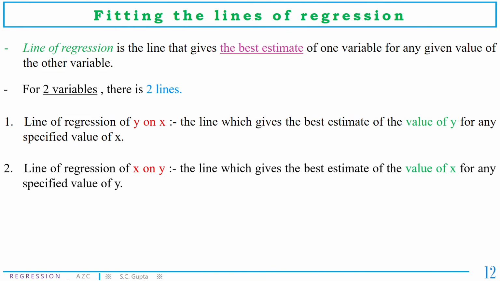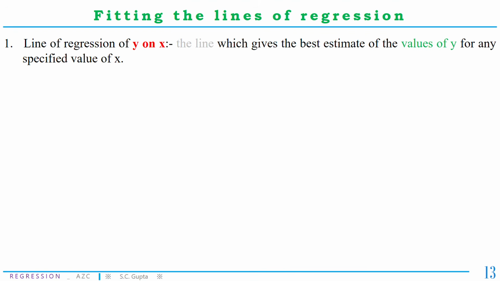For two variables, that is x and y, there are two lines of regression. The other regression line, the line of regression of x on y, is the line which gives the best estimate of the value of x for any specified value of y.